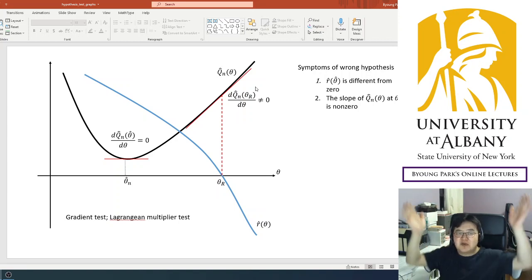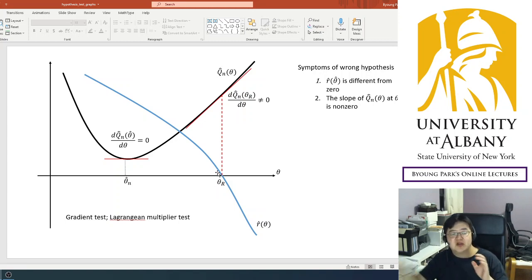It becomes steeper as theta r goes away from the unrestricted estimator. So this slope captures, in some sense, how different the minimum and the restriction are. This is the gradient test.